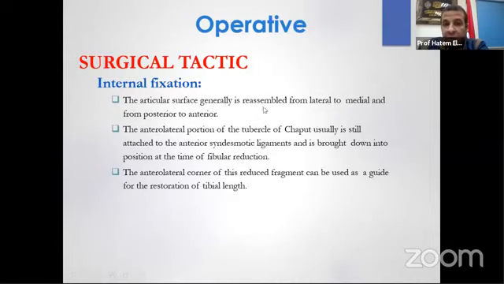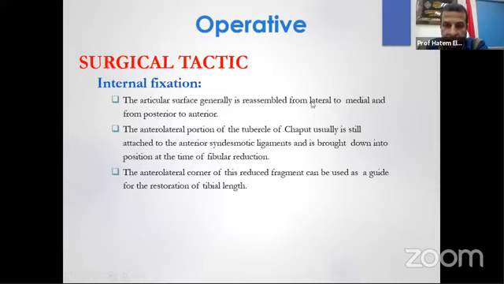The articular surface generally is reassembled from lateral to medial and from posterior to anterior. From lateral, by following the anterolateral fragment and the posterolateral fragment of the fracture.